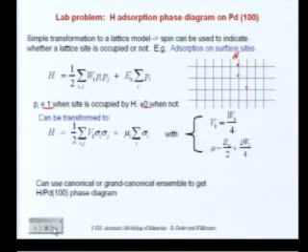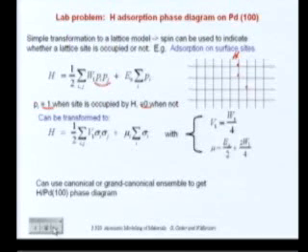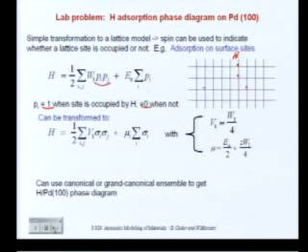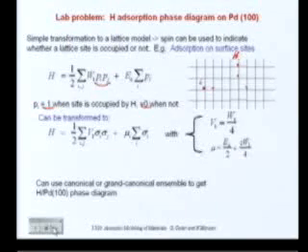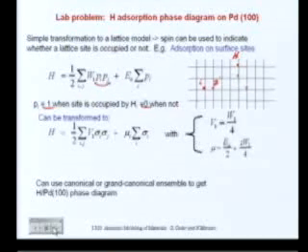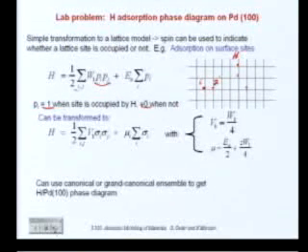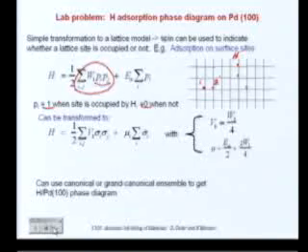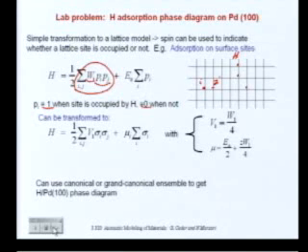So only when you have two occupations across a bond, say I and J, will you actually get an interaction energy between the two hydrogens. So you can write your Hamiltonian as something like a sum over IJ bonds, and you could have the restriction that I and J are nearest neighbors. So then you just have a nearest neighbor interaction W1. That gives you the interaction between the hydrogens.